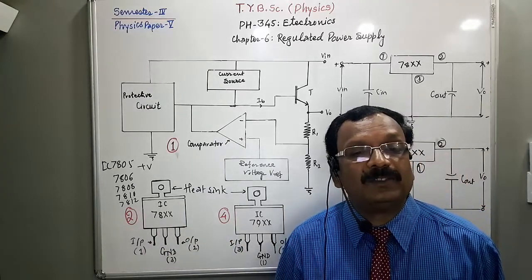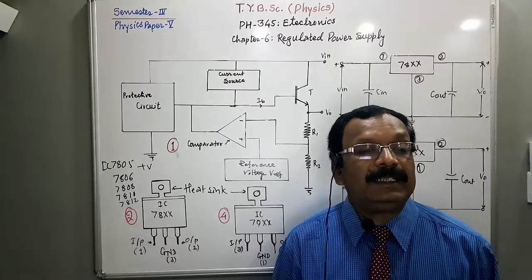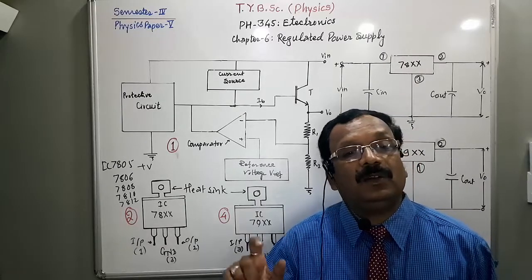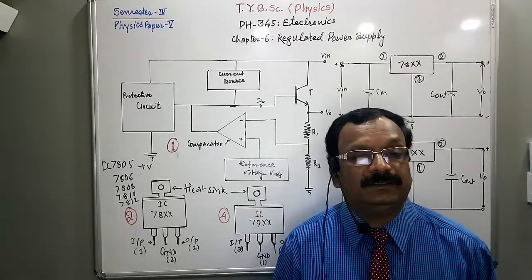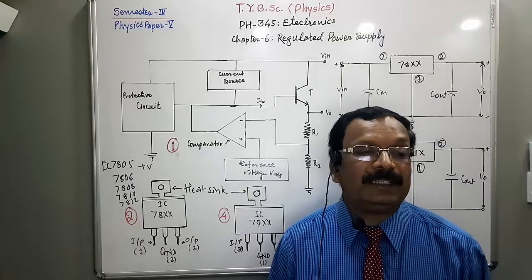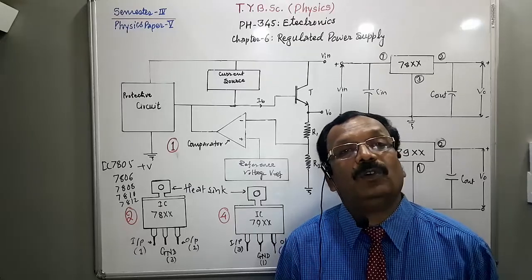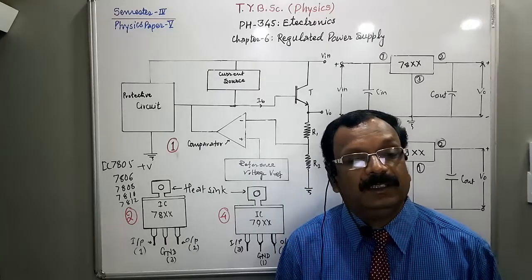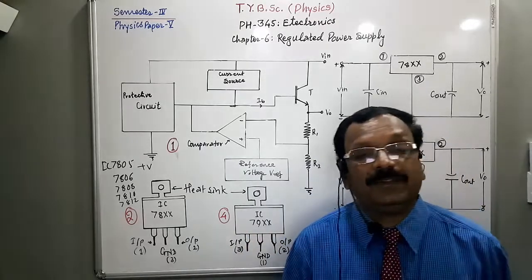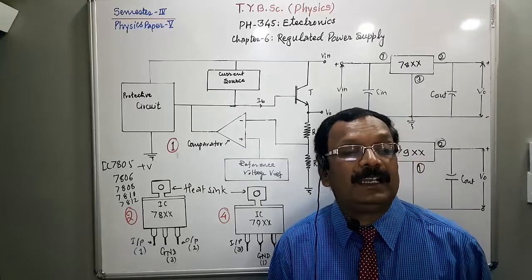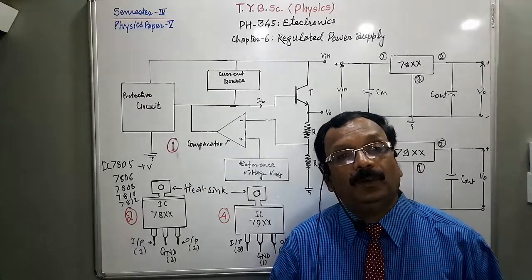Also, like the 78 series or positive voltage regulator, the negative voltage regulator has a special feature: it has an internal thermal overload protection circuit. The next feature of the 79 series is that it allows current up to 1 ampere.